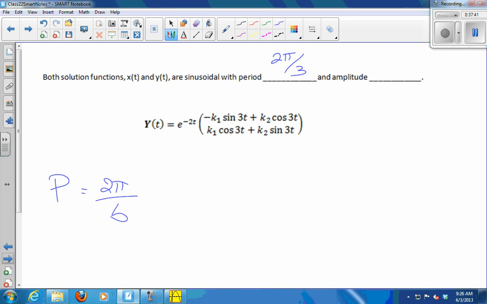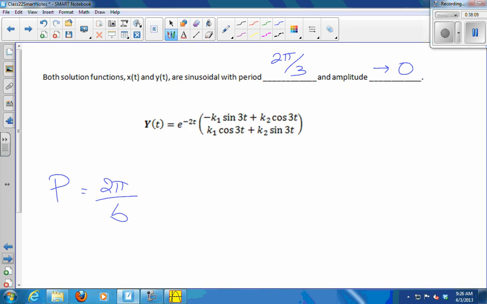All right. So what can you say about the amplitude of these two sinusoidal functions? It's decreasing. Yeah. So, well, we have these k's that are making it not constant, but e to the negative 2t is definitely going to 0. Okay, so I have sinusoidal activity that's circling the origin, right?